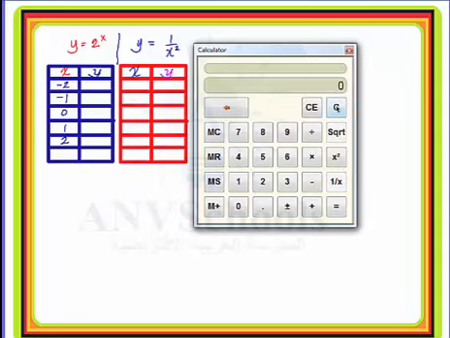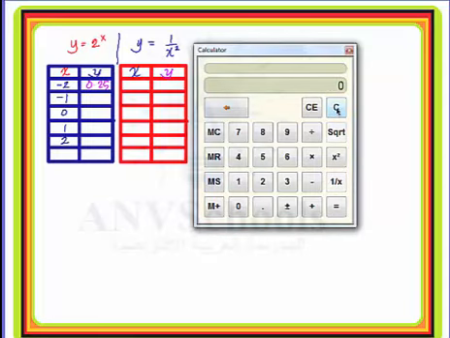So if my x is negative 2, that would give me 2 raised to negative 2, or 1 over 4. And 1 divided by 4 is 0.25. So we have 0.25 here. If my x is negative 1, that would give me 2 raised to negative 1, or 1/2.